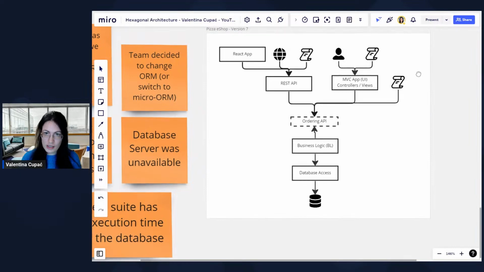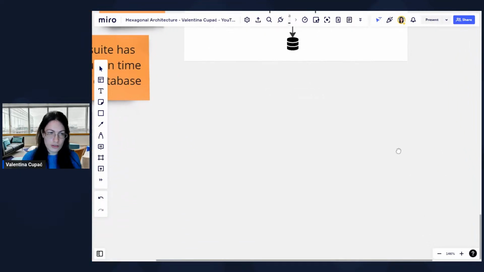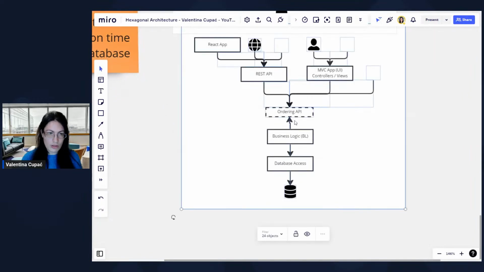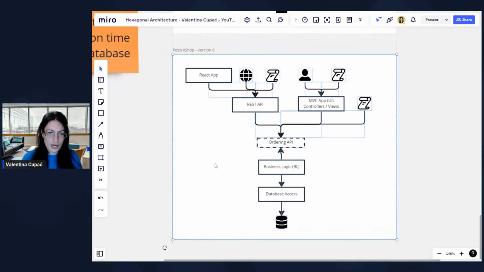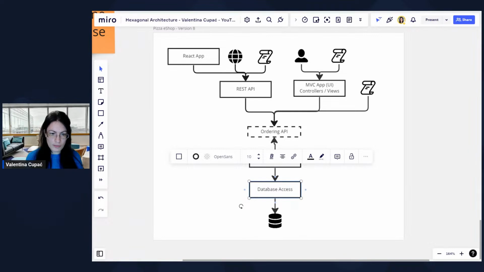So let's see, the team was discussing it. How can they solve it? They are thinking, how can we eliminate this dependency on the database? Can we maybe replace this real database by something else which is like a real database, but which is in memory?